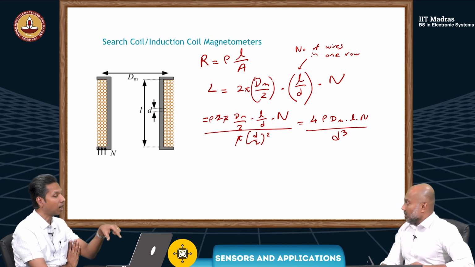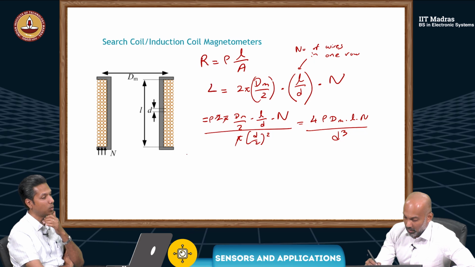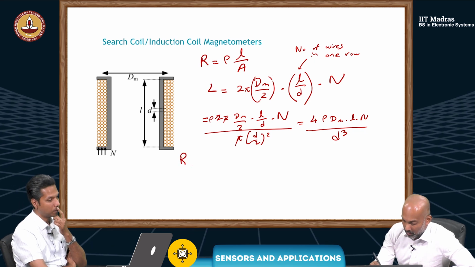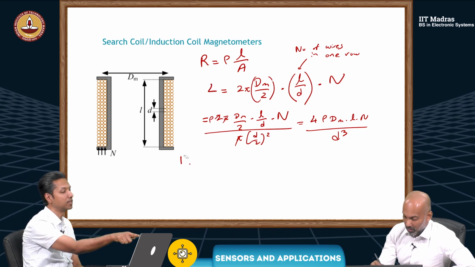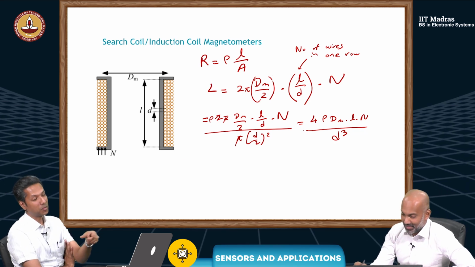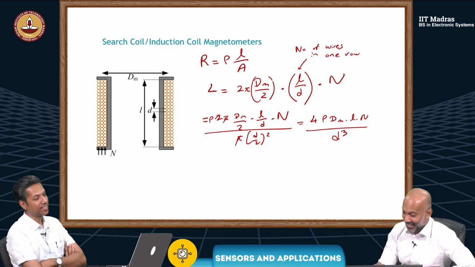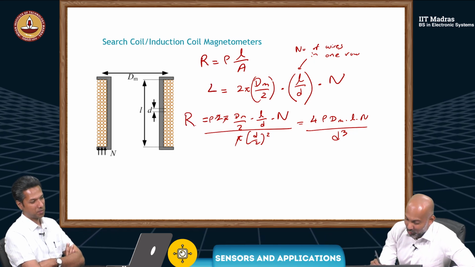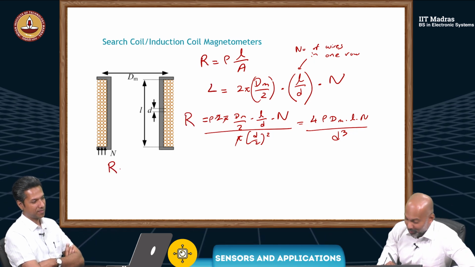So maybe we'll write R equal to, or R coil equal to. Okay, we don't want to confuse this. It's clear.